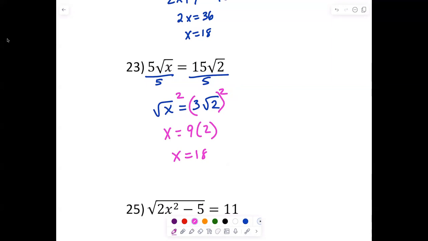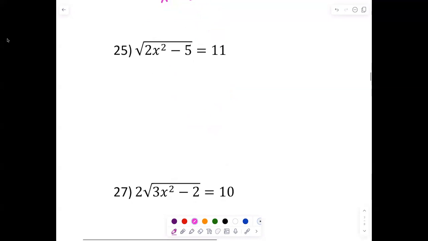All right, a little bit harder now. What do I have to do to both sides? Square, very good. So now I end up with 2x squared minus 5 equals, what's 11 squared? 121. Thank you very much.